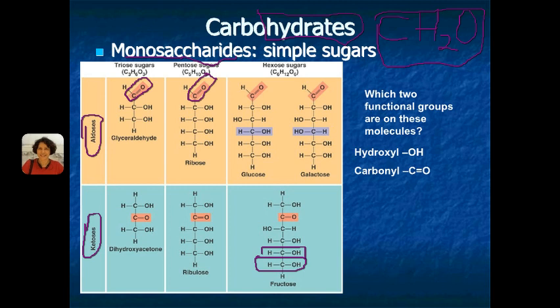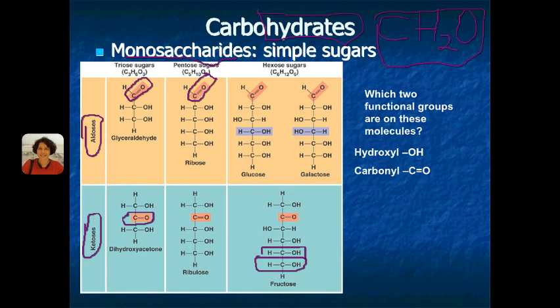And in aldoses, that carbonyl group is on the first atom of the carbon skeleton. So that makes them aldehydes. In ketoses, the carbonyl group is on an interior carbon, as we see here with dihydroxyacetone. It's not on the first carbon. So that's the difference between aldoses and ketoses.